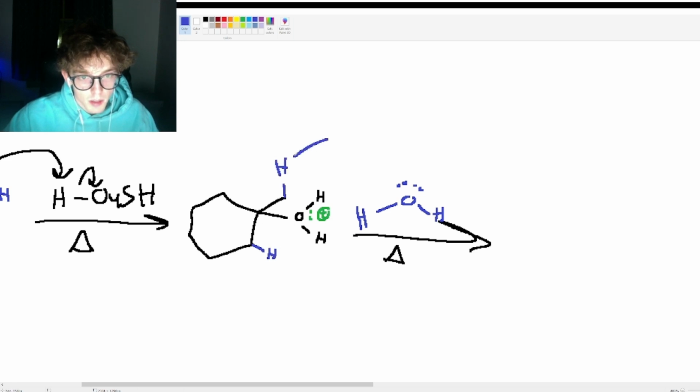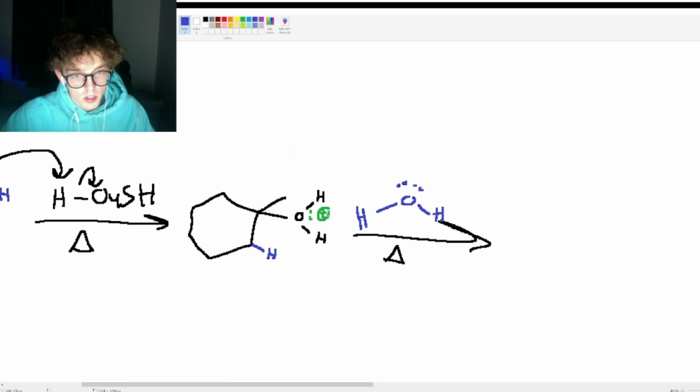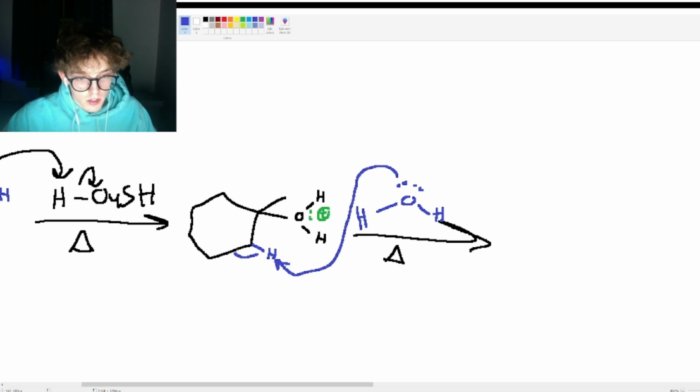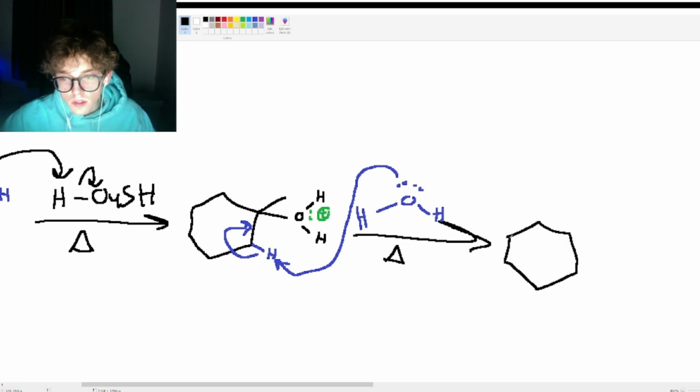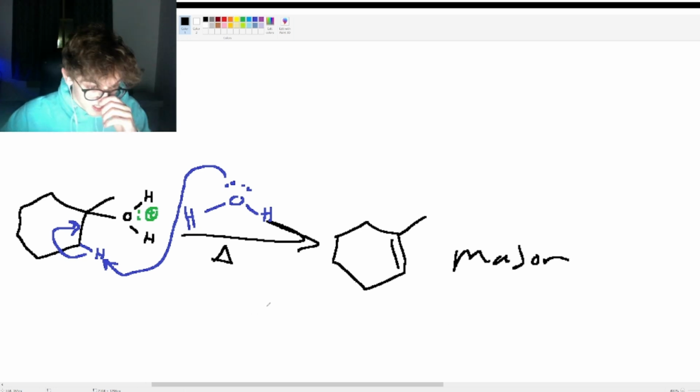It wouldn't attack up here. Nope, you're not going to get an attack up there for elimination. You're going to go to the more substituted side, which is right here, where you have 1, 2, 3 carbons. So hydrogen gets deprotonated and eliminates into an alkene. Alrighty. So you get that one as your major product.